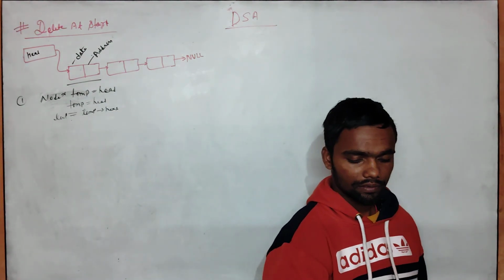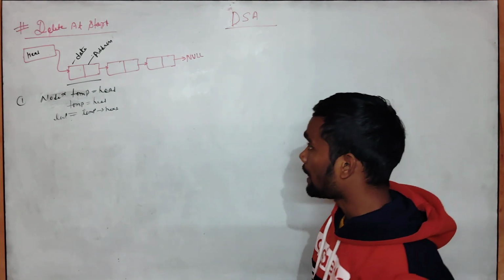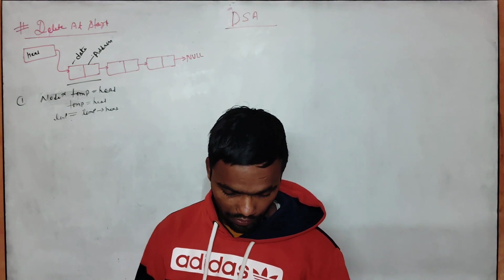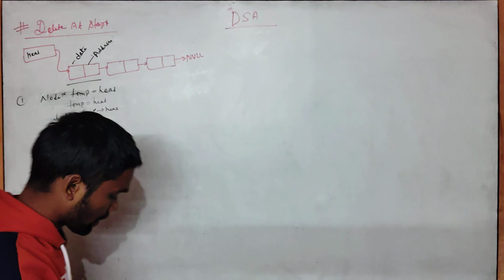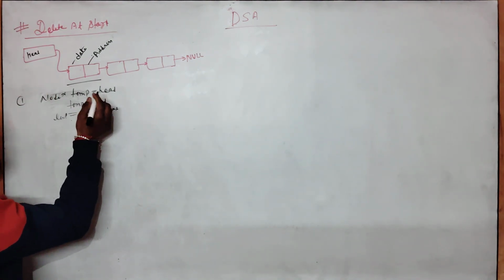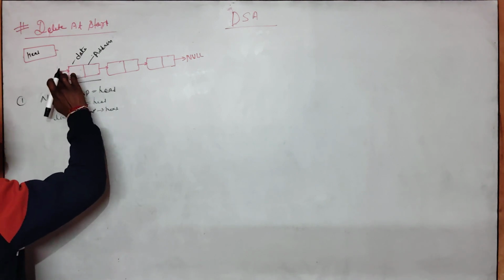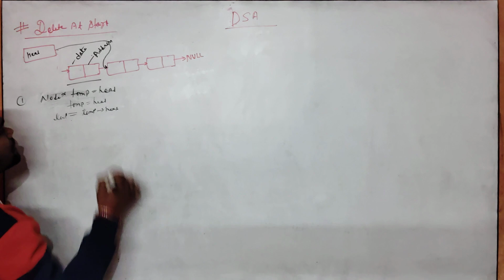You are looking here. This is the way to delete the first node. I want to delete this node, and the head pointer will now indicate the next node.